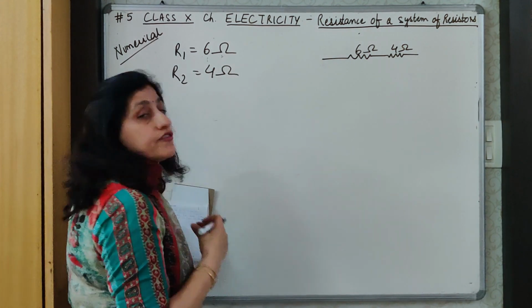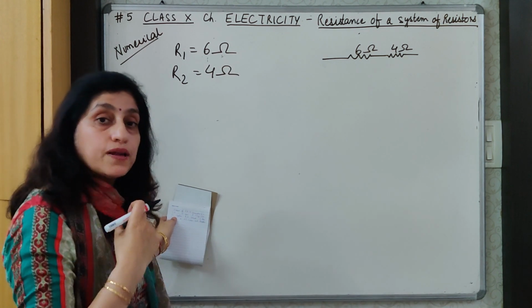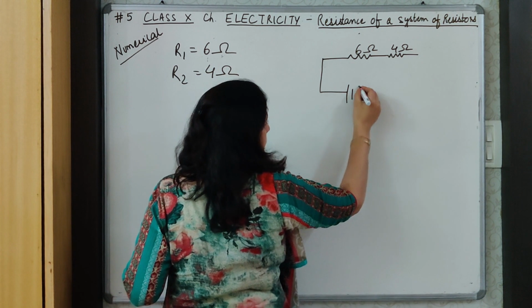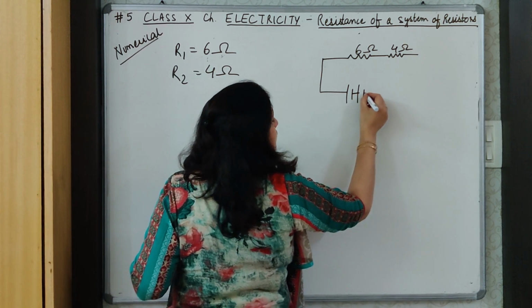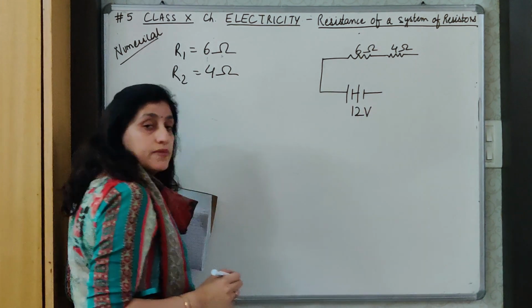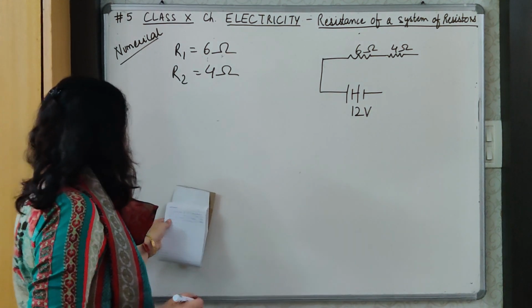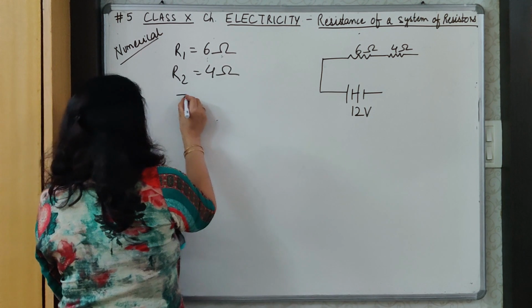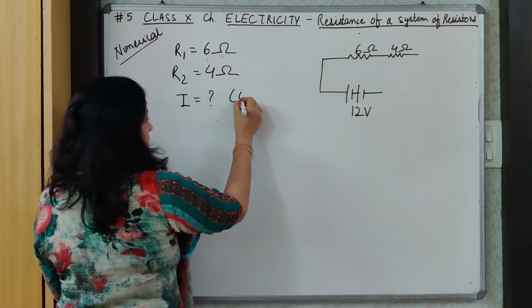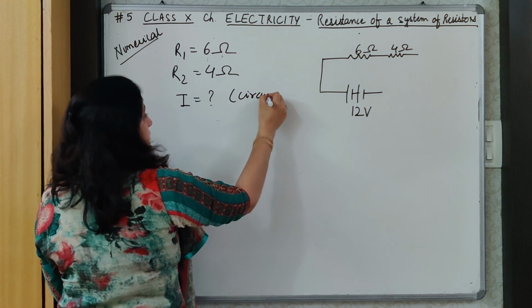A potential difference of 12 volt is applied. So we have to make a battery over here which is showing a potential difference of 12 volt. We mention the potential difference like this. We have to calculate the value of I of the circuit, the current in the circuit.